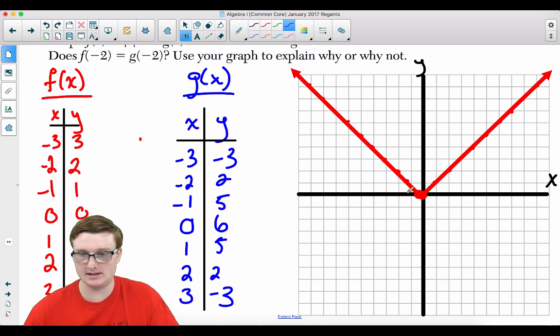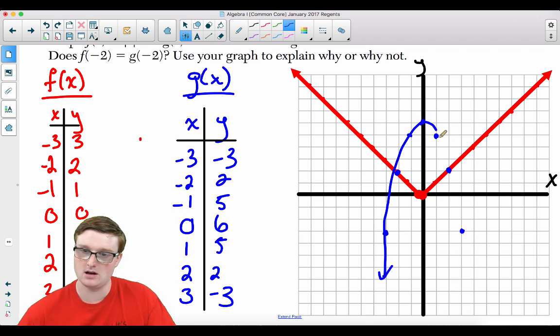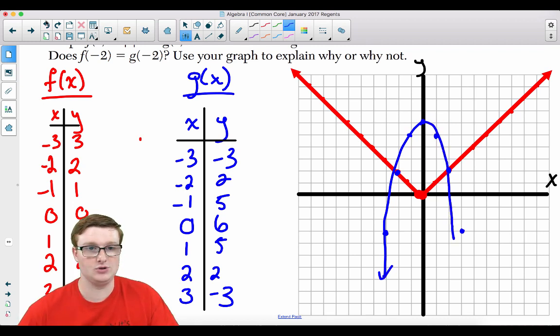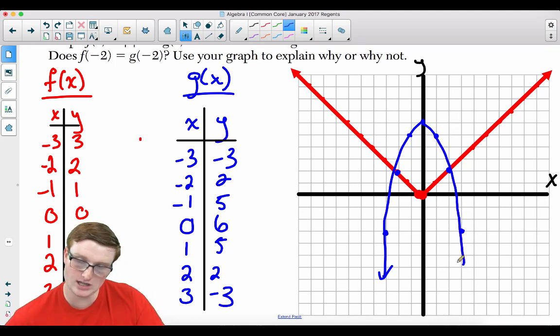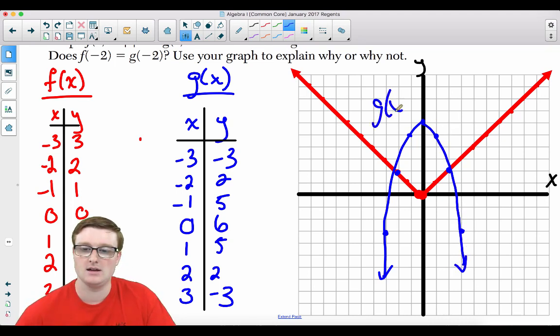And your g of x, let's see. This is g of x. Just like this. Oh, shoot. Alrighty, so this is g of x. Okay. Fantastic. Label everything, you're good to go.